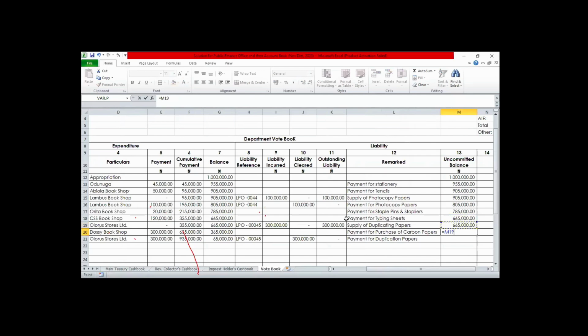We make payment of 300,000. Then the last one? We also make payment of another 300,000. At any point in time, the uncommitted balance and the balance here must be the same. At any point in time, the two must be the same.